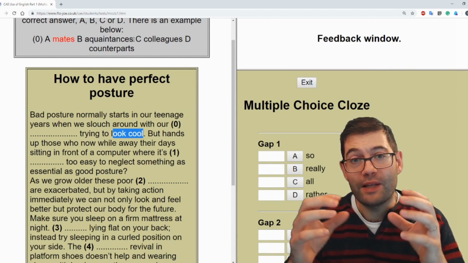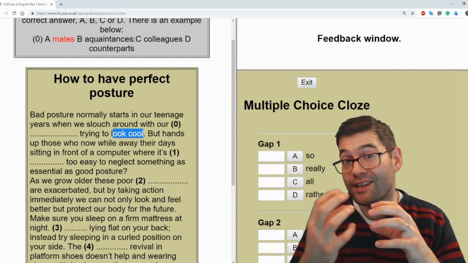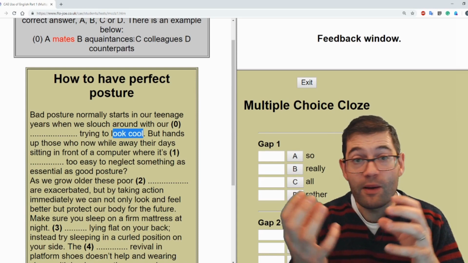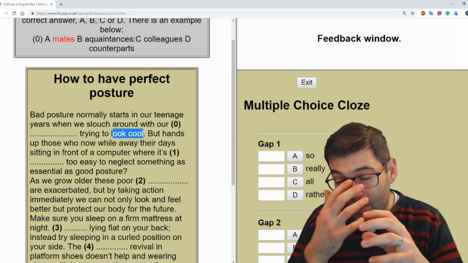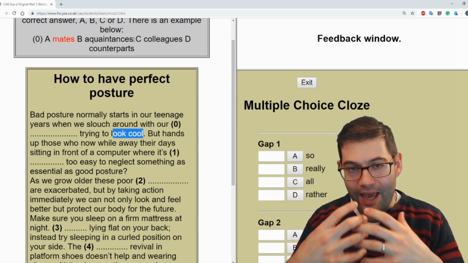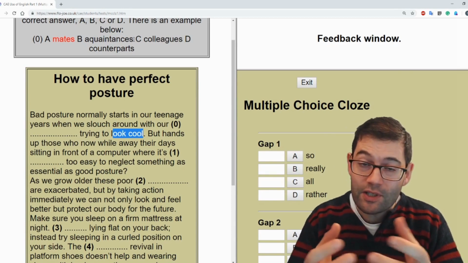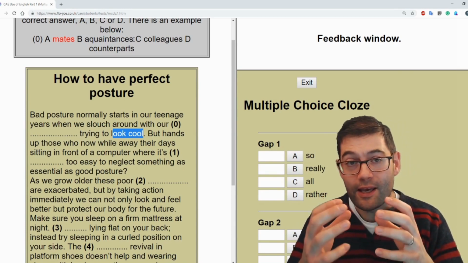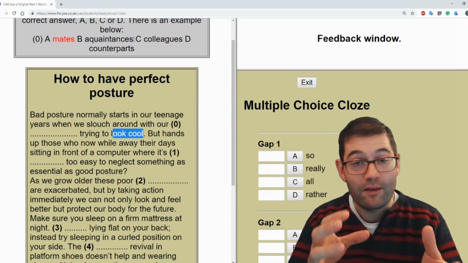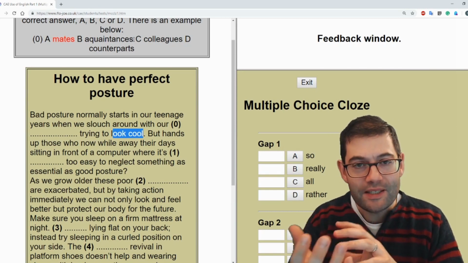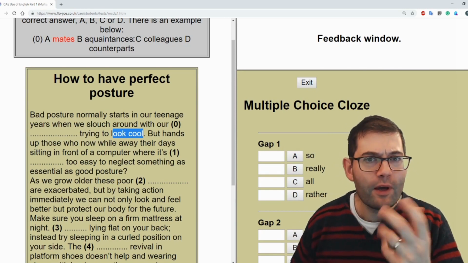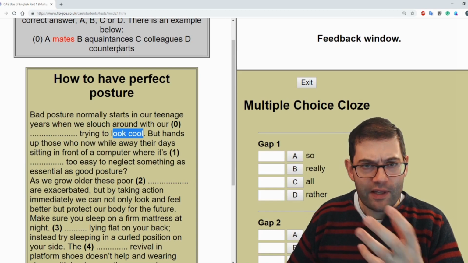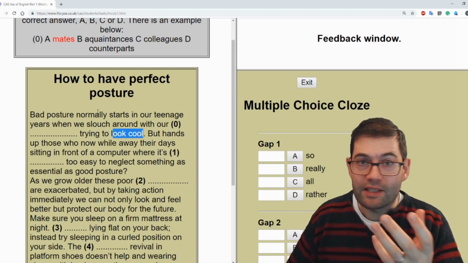Counterparts are people in the same position as you in a different company or in a different firm or even in a different school. So, for example, as a language teacher, I have a counterpart in another language school, and as a businessman, I might have a counterpart in a competing business. So the only one that really fits the context in terms of looking cool is mates, which is why it's the answer.